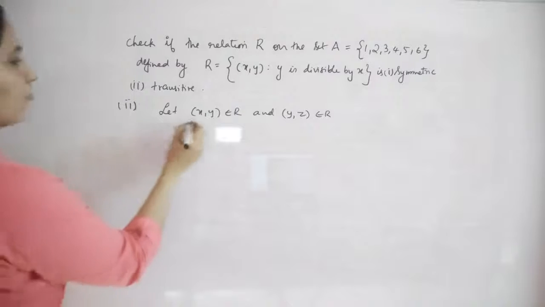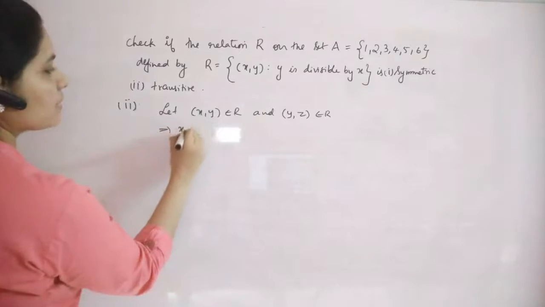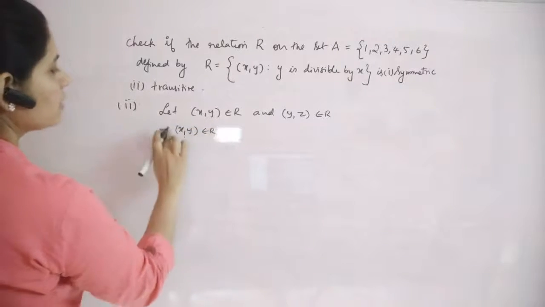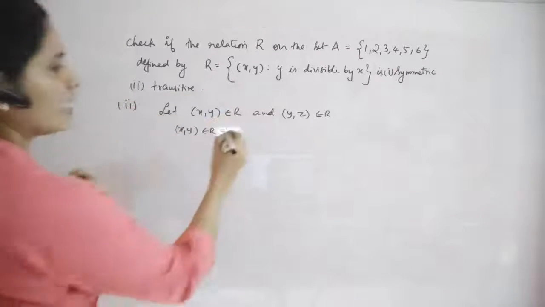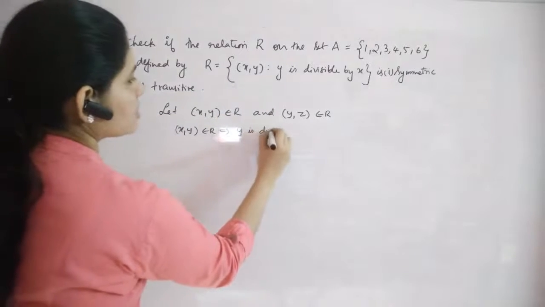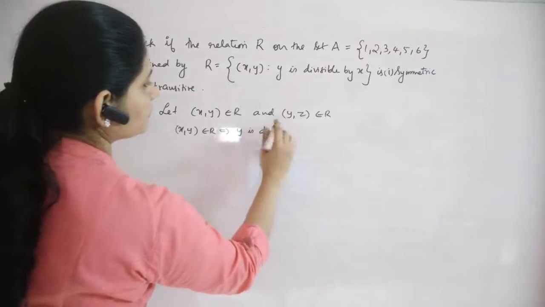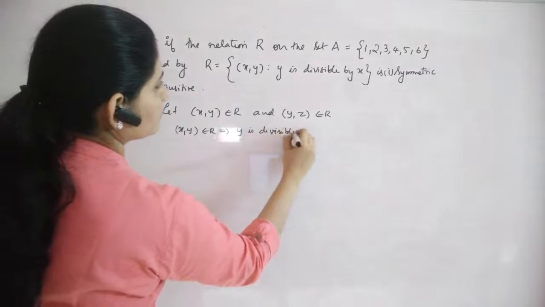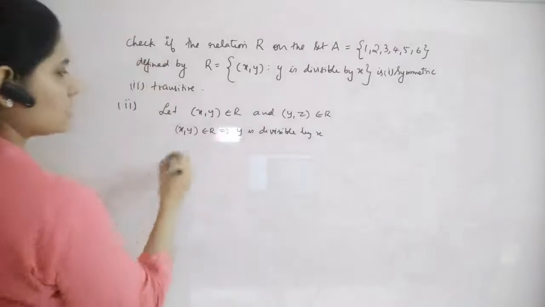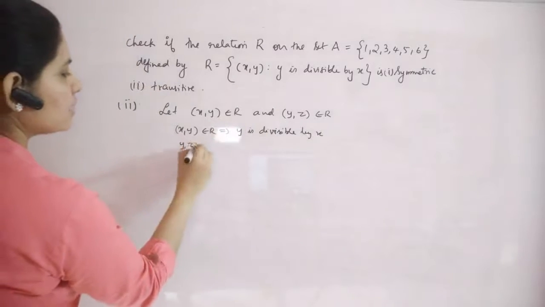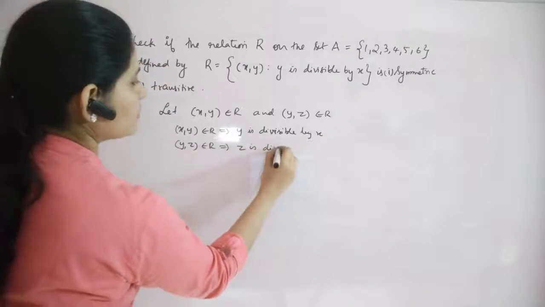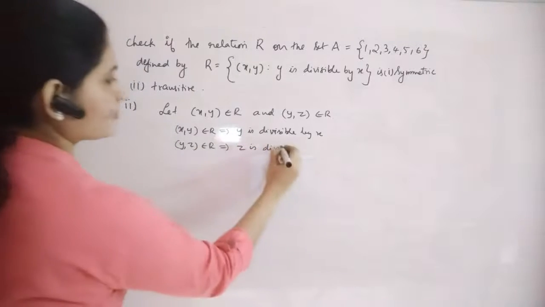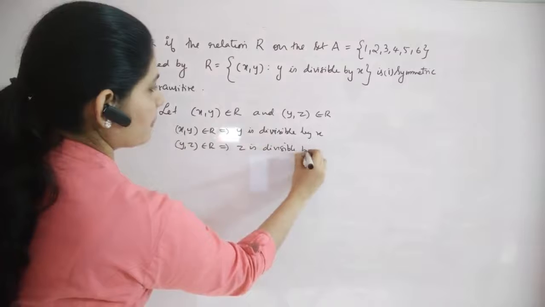So for that, first we will start with xy belongs to R. Xy belongs to R implies, what is the definition? Xy belongs to R means y is divisible by x, right? And yz belongs to R implies z is divisible by y.